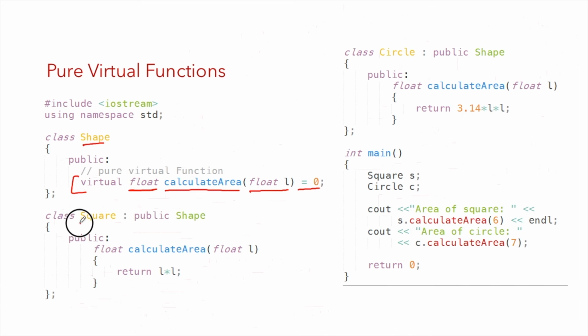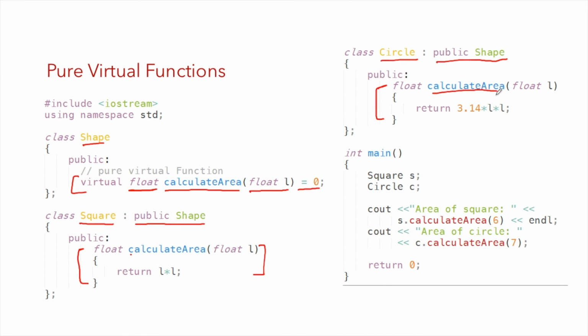Then we have class square, which is a derived class, and we are inheriting shape here, and we are writing the definition for our function calculate area. Okay, so this is the definition. And then we have another class, that is circle. Here we are inheriting shape again, and we are redefining the same function calculate area.